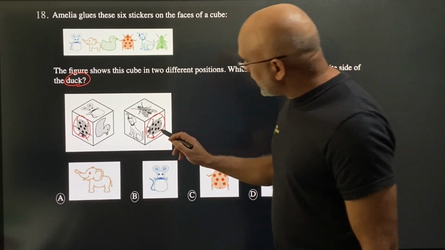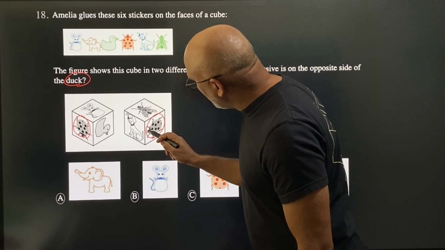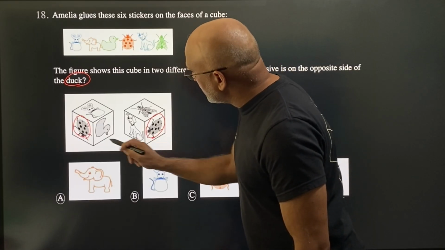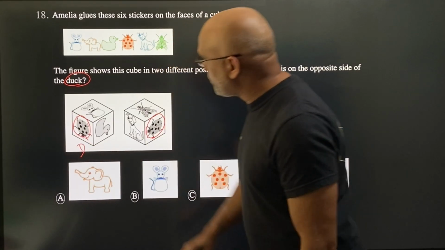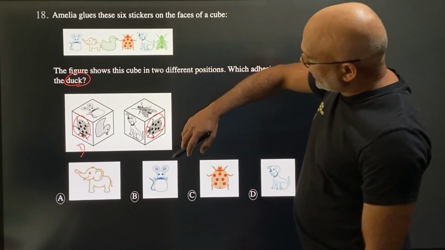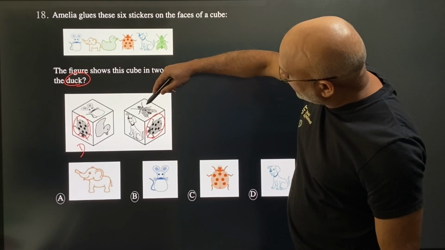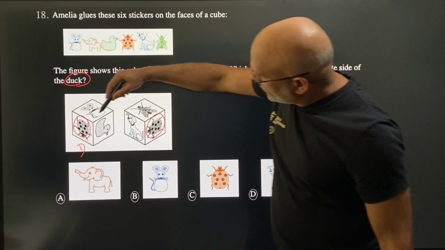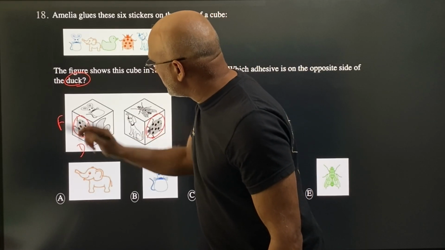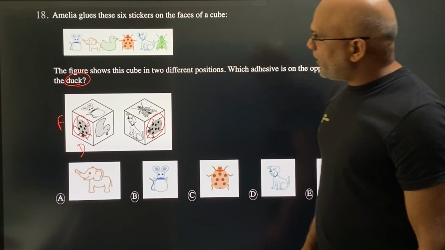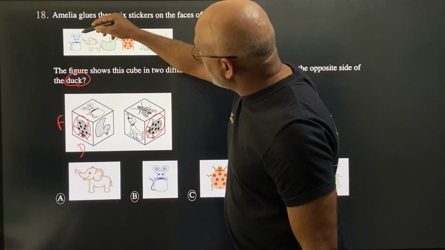For example, we can see that at the head of the ladybug there is a dog. So at the head, there has to be a dog. So D for dog on the bottom. Okay, and to the right of the ladybug there is the fly. So to the right of this ladybug, there has to be a fly on this side. Okay, so the rabbit is done.